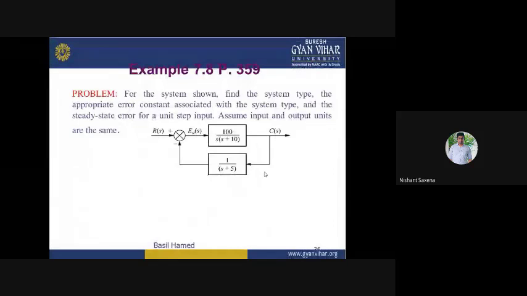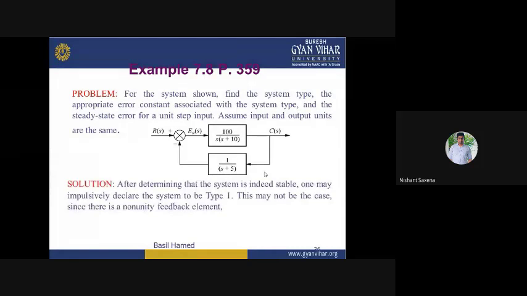Now let's take an example. Let's see that for a given system, we have to find out the system type and the appropriate error constant associated with the system type. It's essential to assume that the input and output units are same.